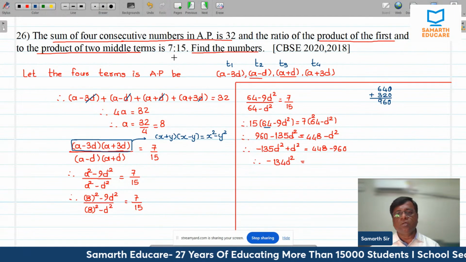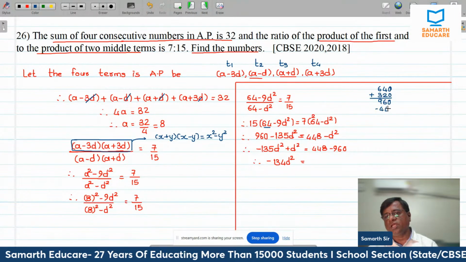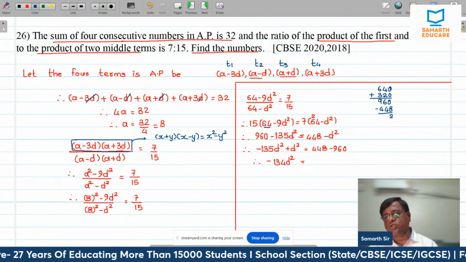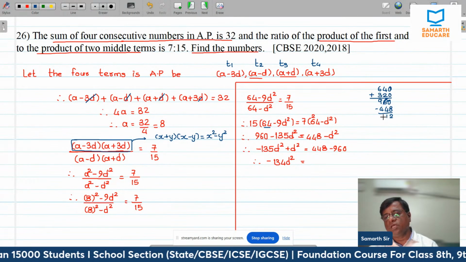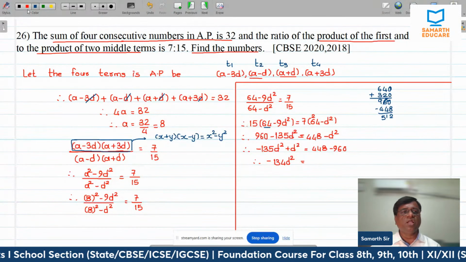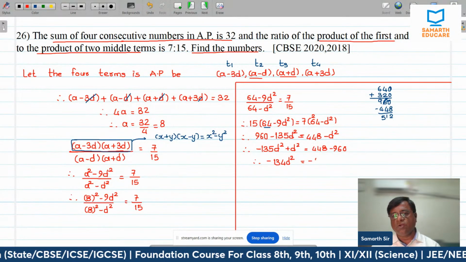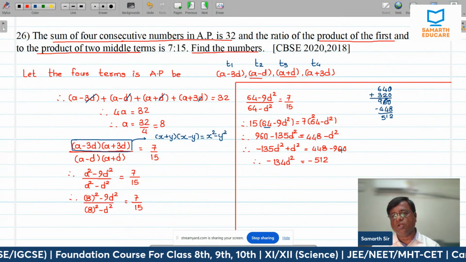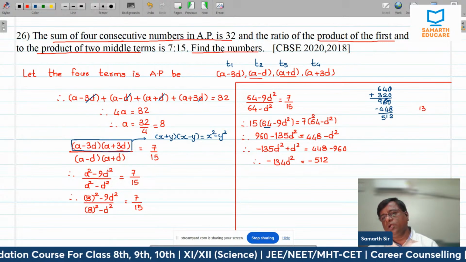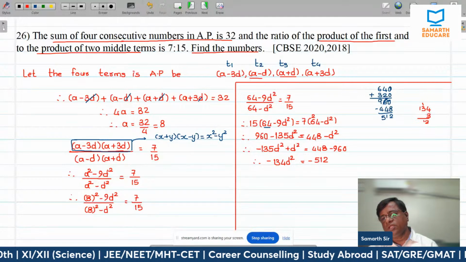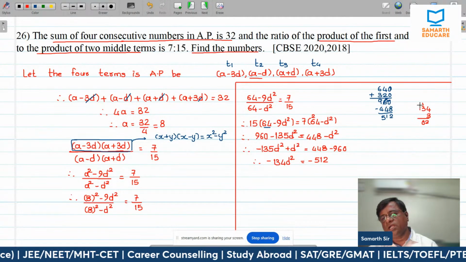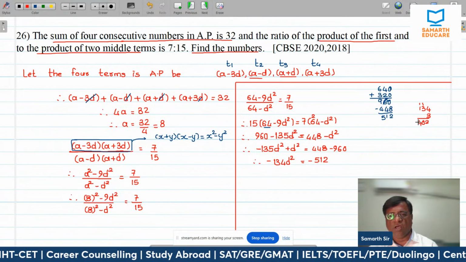Okay, now here 960 minus 448, that is 512, but this is minus 512. So 134 into 4, if I do this, 3 4s are 12, 3 3s are 9, and 1 10, 3 1s are 3 and 4.